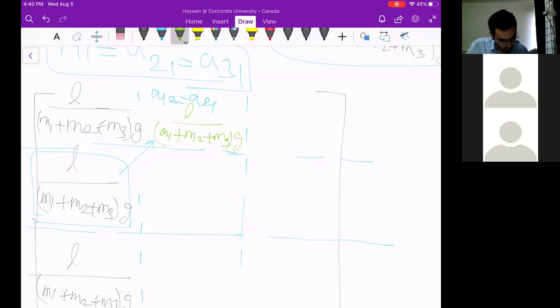And also this one, A13 is A31, plus M2 plus M3.